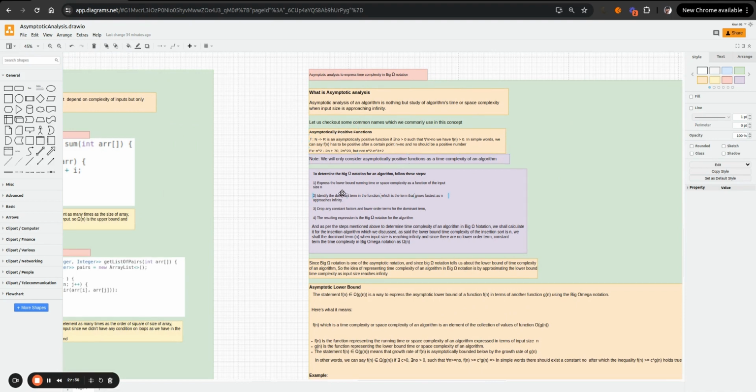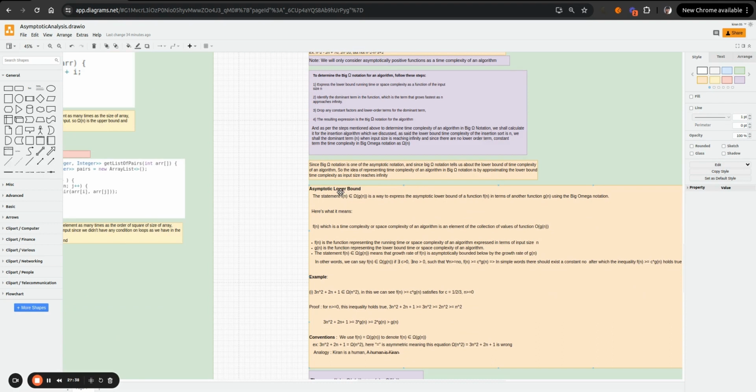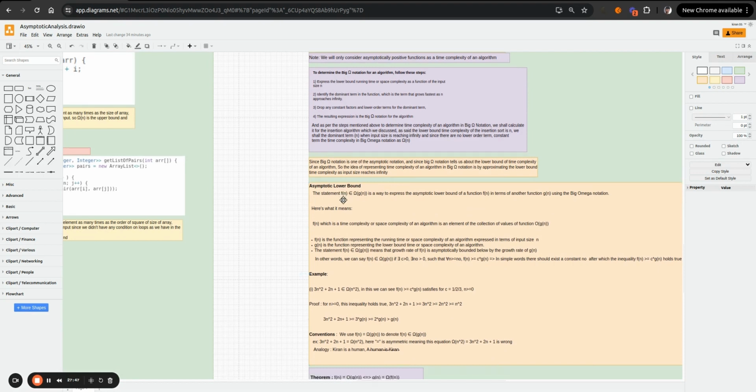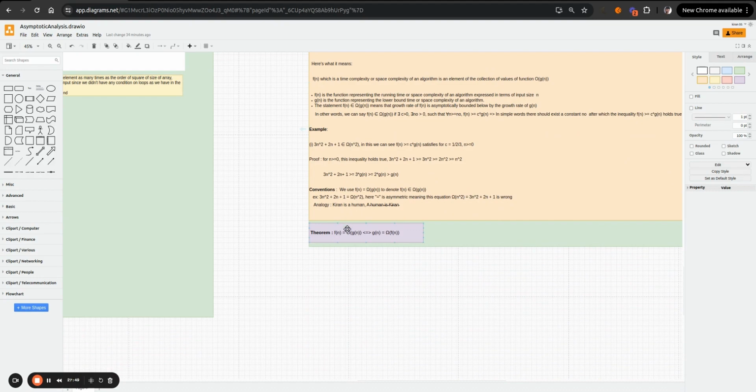After that, we saw the steps to calculate the time complexity of an algorithm in big omega notation. Then we saw a general way of representing the asymptotic lower bound of a given function f of n, and at the end we saw a theorem as well.